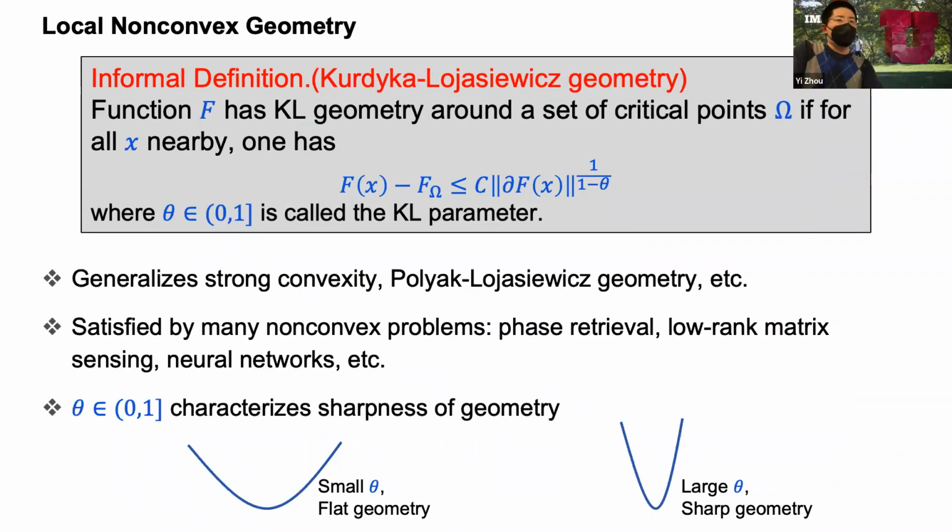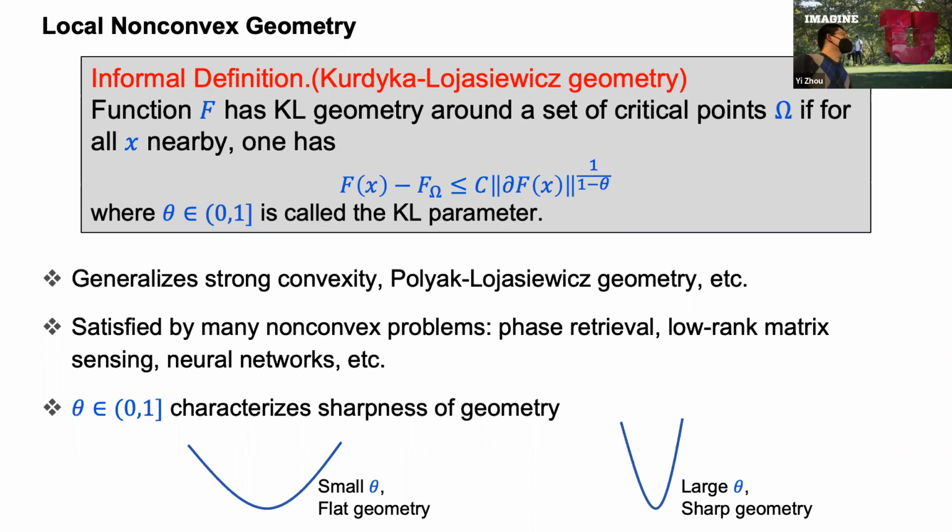Nearby means within a small neighborhood of that critical point, in terms of L2 distance. You can always find a sufficiently small neighborhood where this holds.